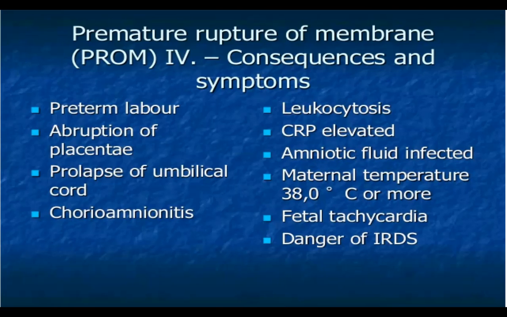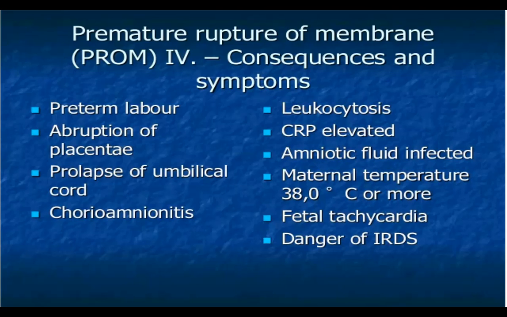Then prolapse of the umbilical cord can be present, or chorioamnionitis. Then leukocytosis is there, CRP is elevated, and infected amniotic fluid may be there, and maternal temperature is 38 degrees Celsius or more.